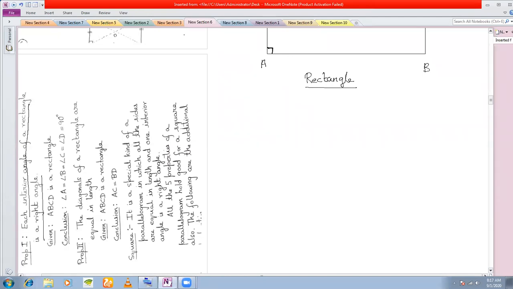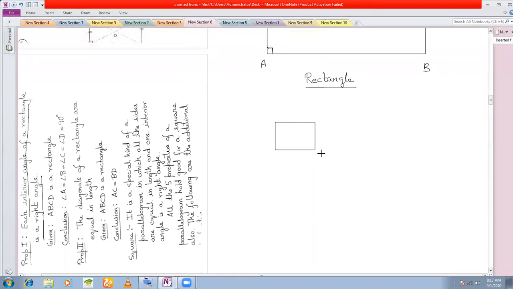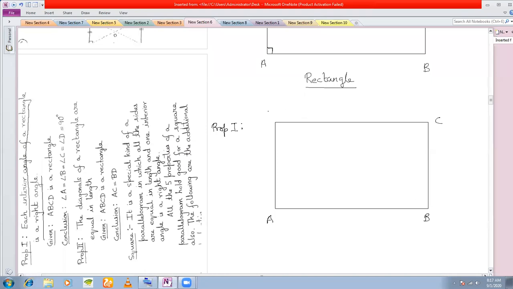This means that according to the property, not by the definition, I can say that any rectangle ABCD will have all the angles 90 degrees.